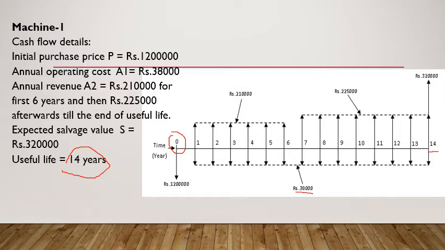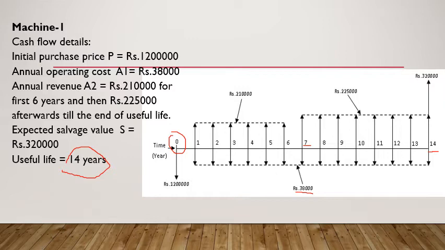And then the revenue. For first 6 years it is 2 lakh 10,000. 1 2 3 4 5 6. Revenue means positive, indicating positive cash flows up to 6 years, and starting from 7th year it is 2 lakh 25,000, till the end of its life, means till 14th year.